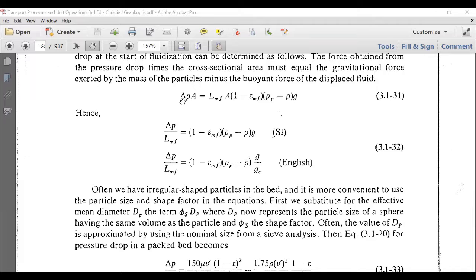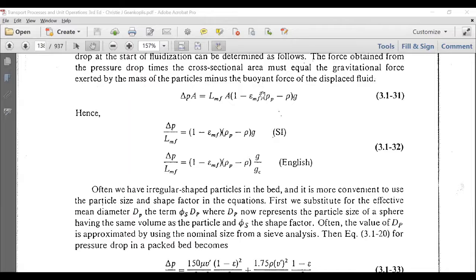Okay. Yeah, so delta P times A is the upward force by the fluid, right? It equals LMF times A times (1 minus epsilon MF). Yeah, that means it's the volume of the solid times the density of the particle.